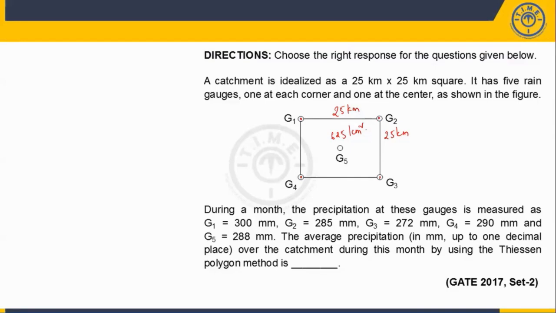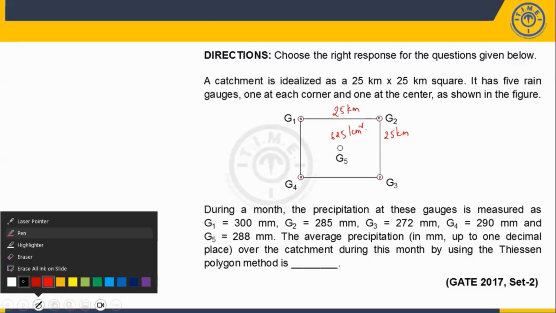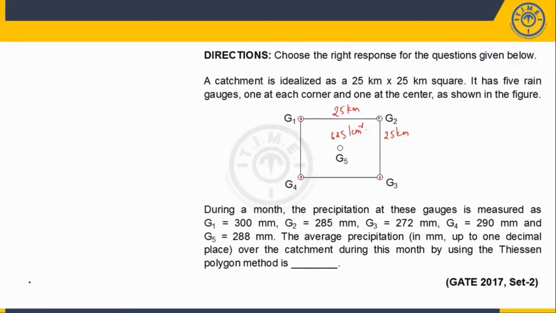Any idea how are we going to do this? In the Thiessen polygon method we need to shape out this area. That means using the area we will be calculating the average precipitation. That means how much area is contributing to Z1, how much area is contributing to Z2, how much to Z3, how much to Z4.